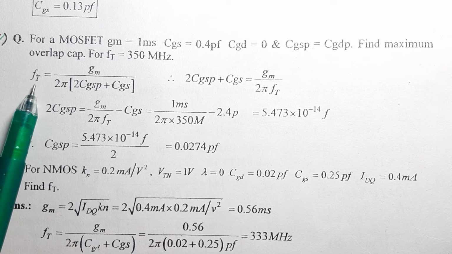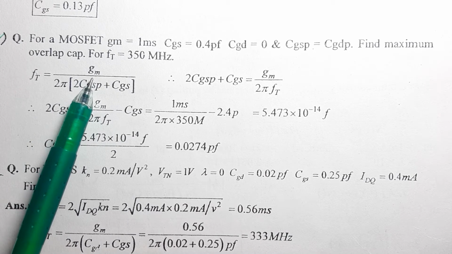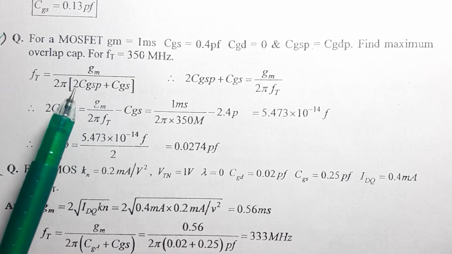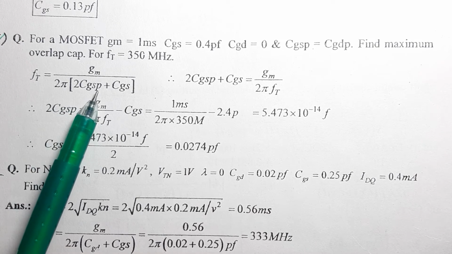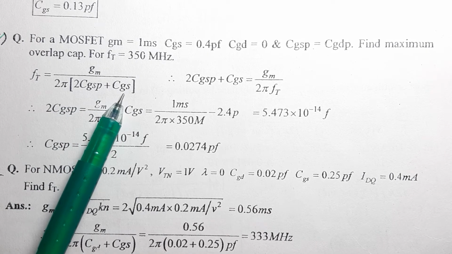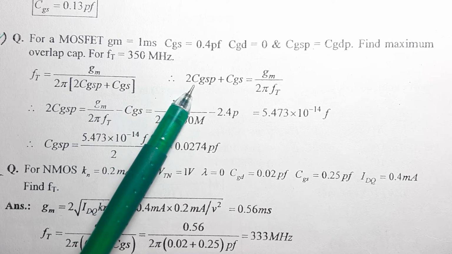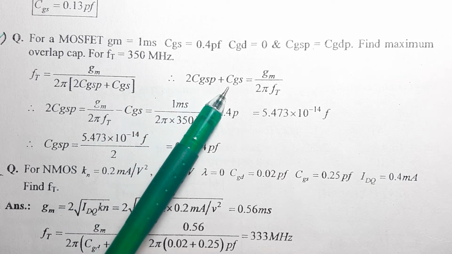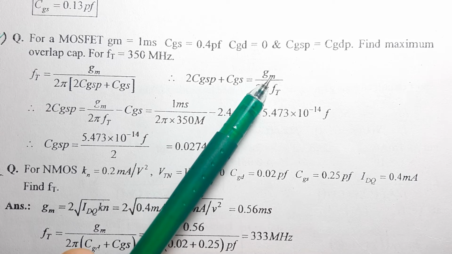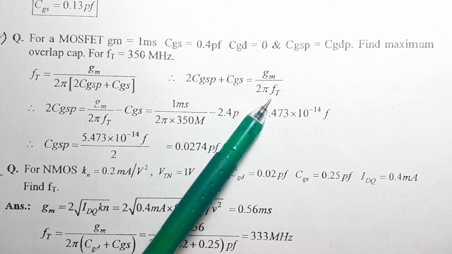Now your FT is given as GM upon 2 pi into (CGS plus twice CGSP). Therefore twice CGSP plus CGS is equal to GM upon 2 pi FT.